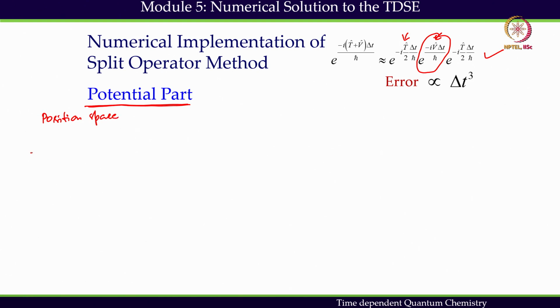What is position space? Position space is the x coordinate, and in the x coordinate we have made this grid. So this is called position space. On many occasions this is also called real space.